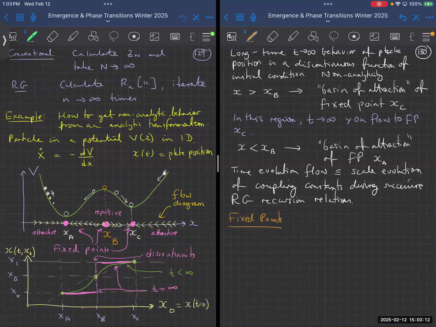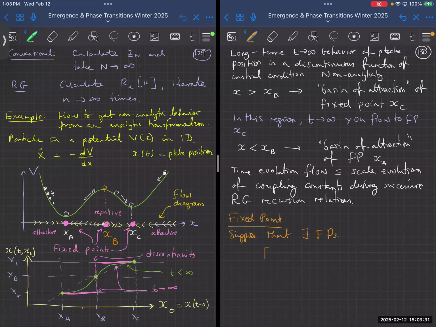I see. Okay, so let's see why that is. So we're going to suppose that there are fixed points. So what do they mean?